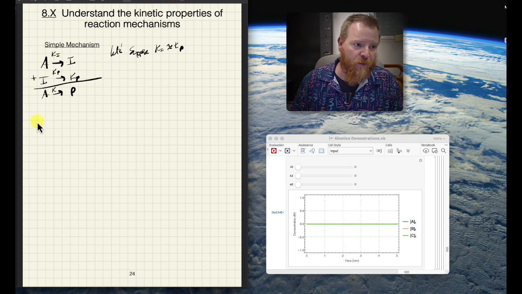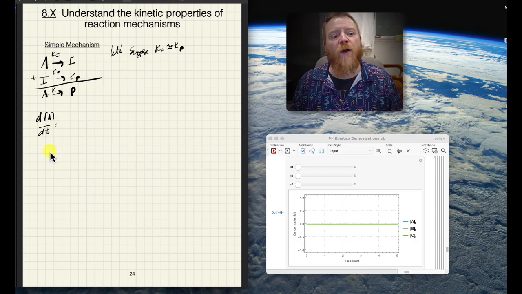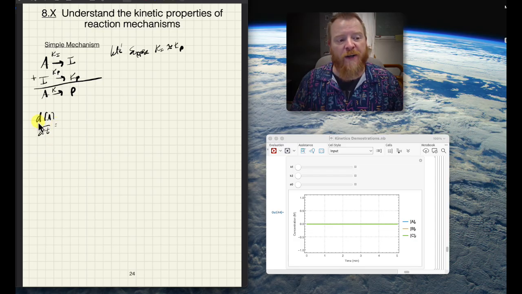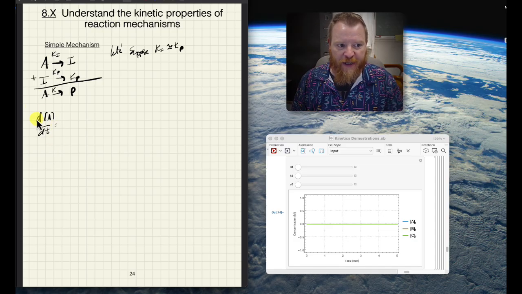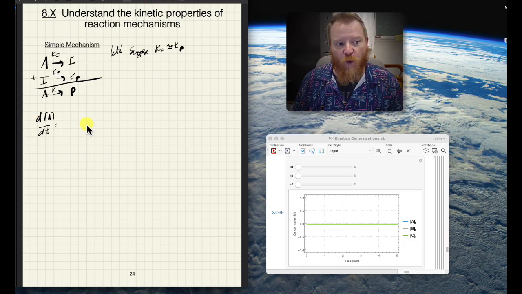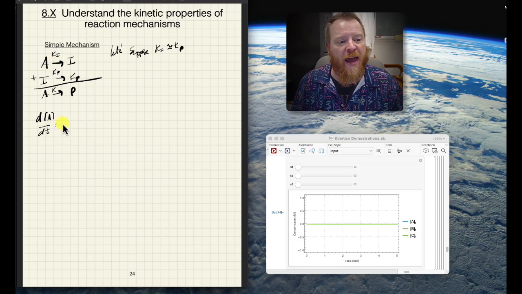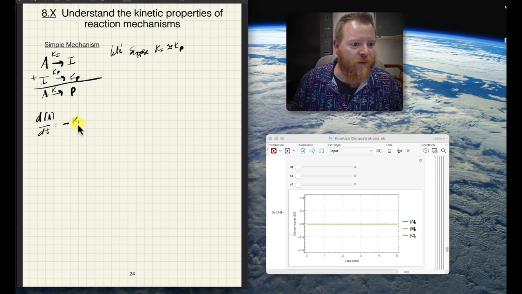And we can do that with the following. So we're going to write dA by dt. We're going to write all of these rates as positive quantities, and we're going to push the negative sign from the relative rate over to the right-hand side. So we can see this first step, dA by dt, that's a loss of A. So I'm going to put the negative sign there, and that's going to be rate constant times reactant.